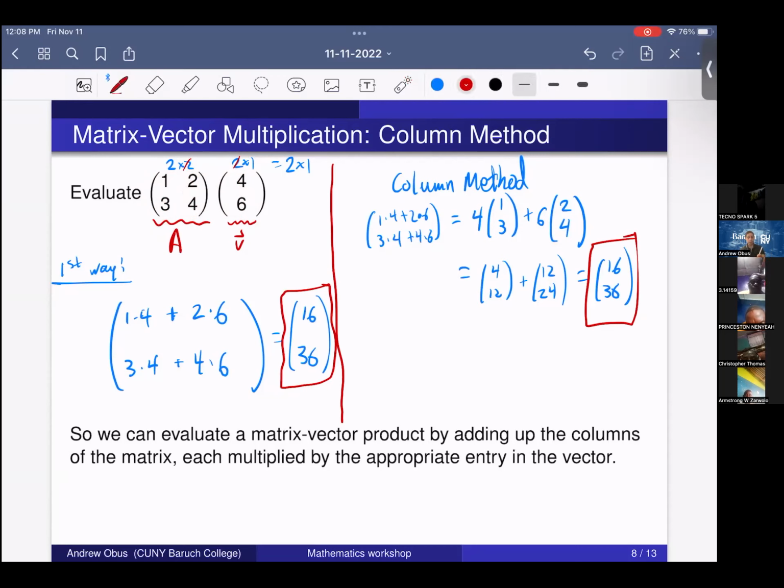So this here is the first vector entry. This here is the second vector entry. This here is the first matrix column. And this here is the second matrix column.